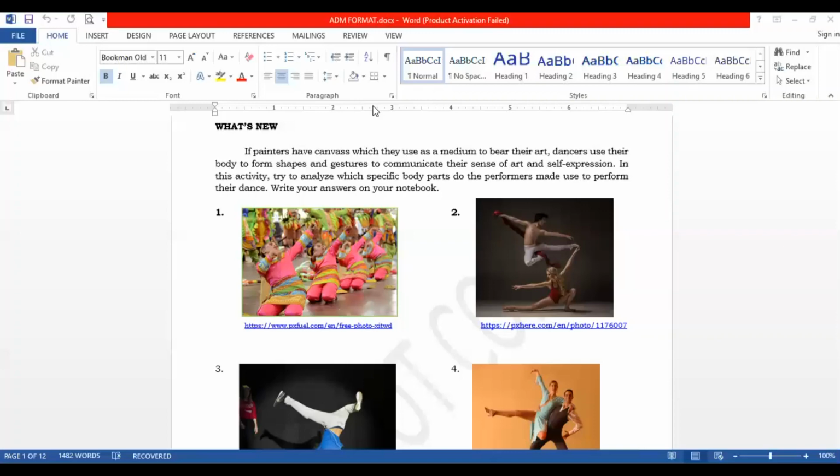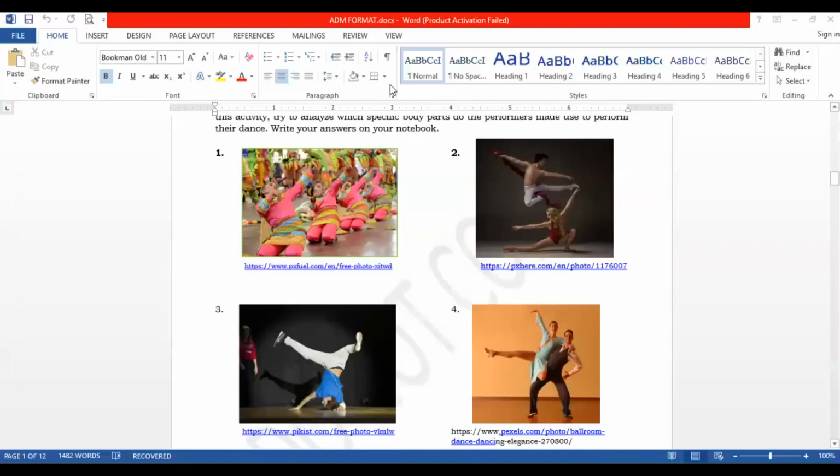So para makakuha po tayo ng point na nagko-comply tayo, please provide introduction bago po yung instruction to the activity. Okay? So, tuloy natin. In this activity, try to analyze which specific body parts do the performers may use to perform their dance. Write your answers on your notebook.